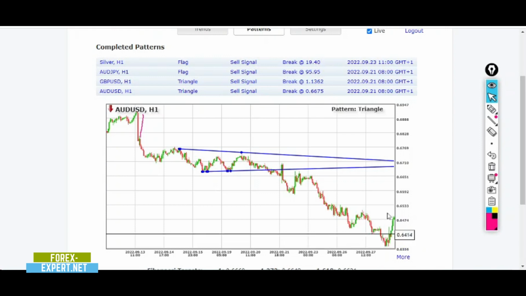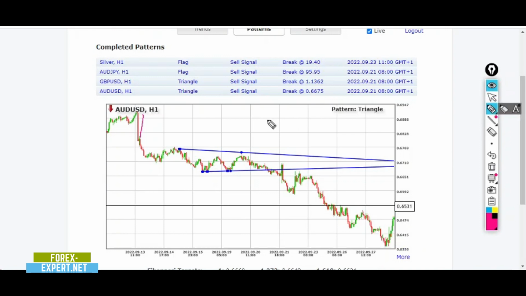And the US dollar is pretty strong in this period. If you look at the charts, you're going to see the dollar is performing pretty good. So this sell was, of course, fair.